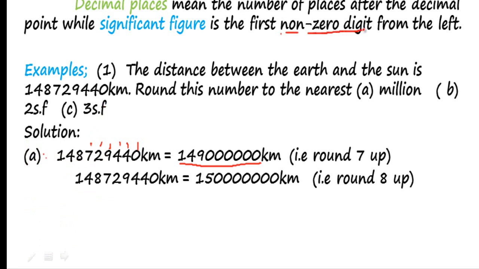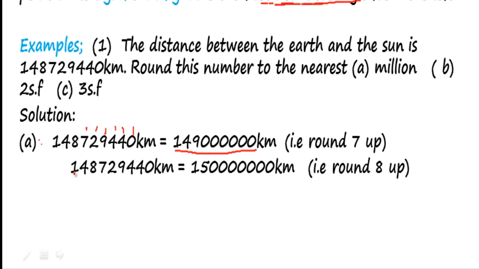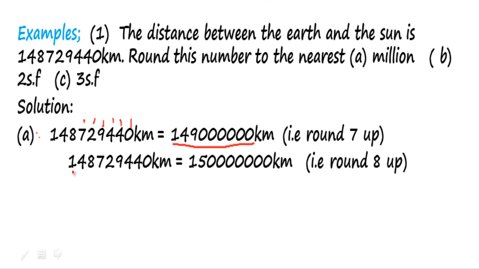Remember this statement: significant figure starts from the first non-zero digit. And what is the first non-zero digit in this number? It is 1. So since it says two significant figure, you just count 1, 2. That means all others will be 0.